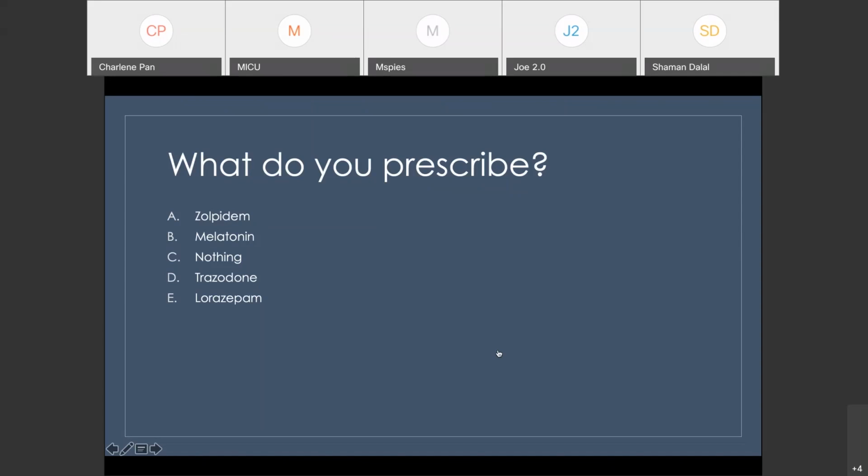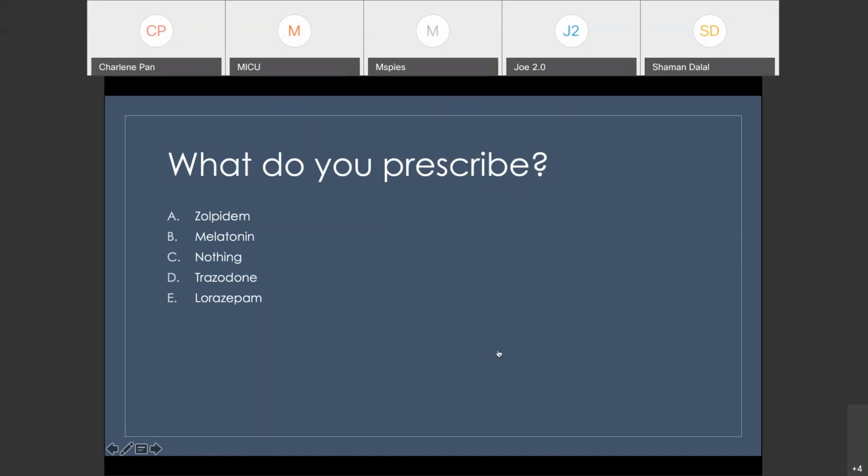Trazodone? Anybody? Ativan? When it comes down to insomnia, you should ask why they are not sleeping, so that you know what you need to do to help them sleep.